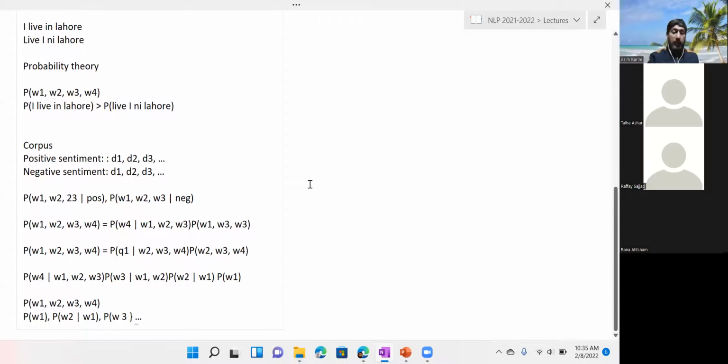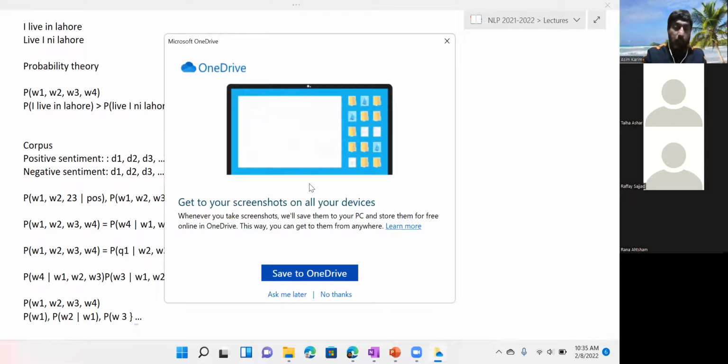Estimating the right-hand part is going to be relatively easier than directly estimating the left-hand part, and we will discuss why it's going to be easier.